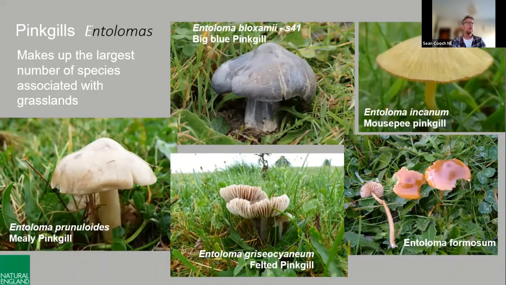I think it is for Scotland as well, and Wales. And things like the mouse pinkgill, which if you leave it on a radiator will smell pretty horrible. But they are generally quite a tricky group to identify, and almost certainly take microscope work to identify them properly.